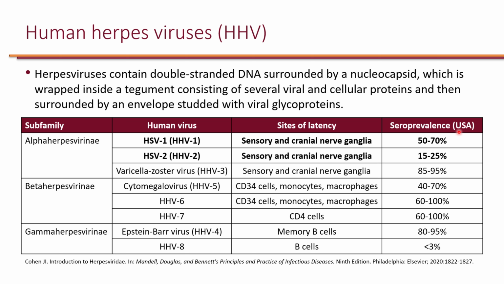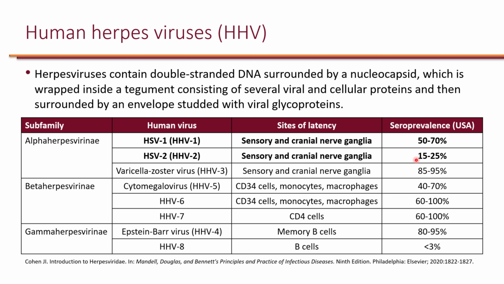Now, when you look at the seroprevalence among adults in the US, you can see that more than half of people in the US are actually infected with HSV1, which in general is considered the less severe of the two. And this doesn't necessarily mean that it is a sexual or genital infection, because HSV1 can also reside outside of the genital area.